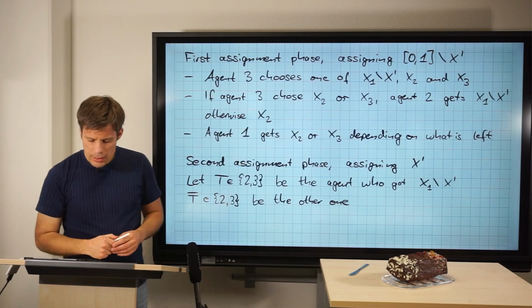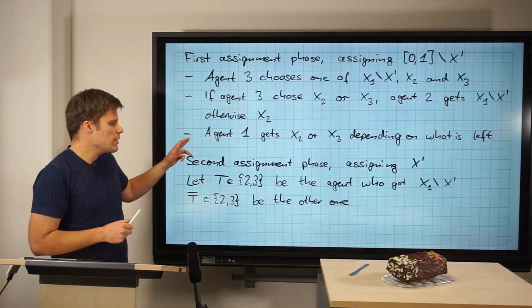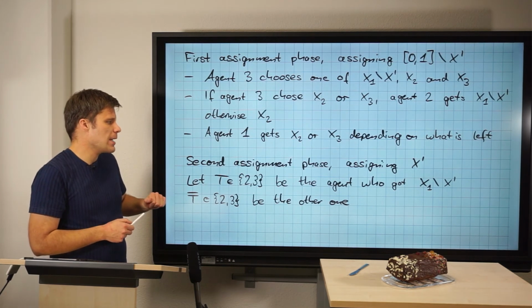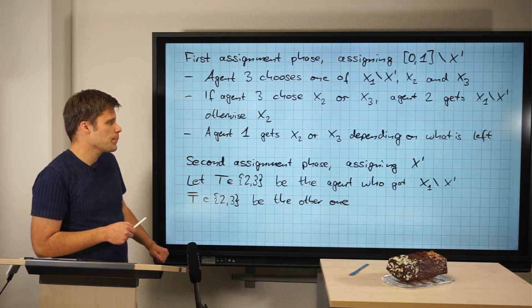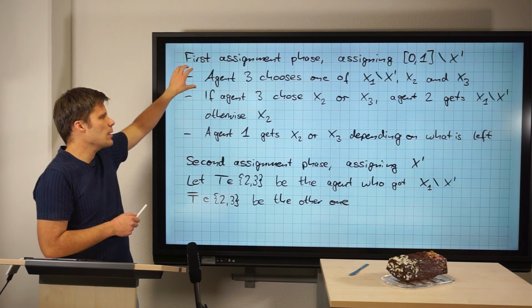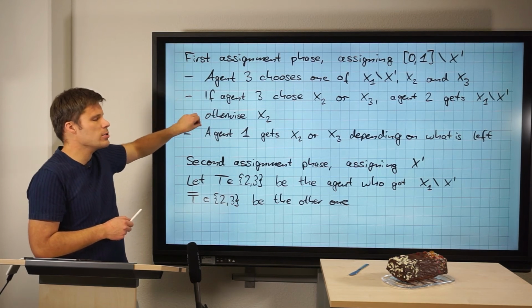Quite importantly, agent 1 is never the one who's getting x1 take away x prime, because this is either taken by agent 3 or by agent 2.